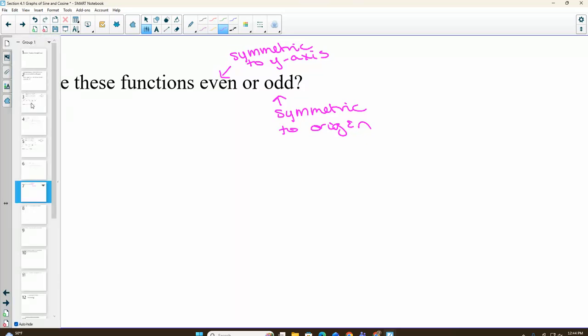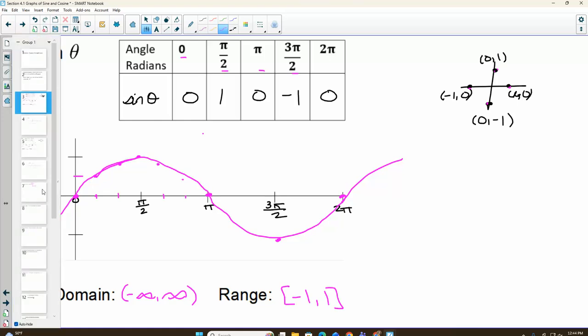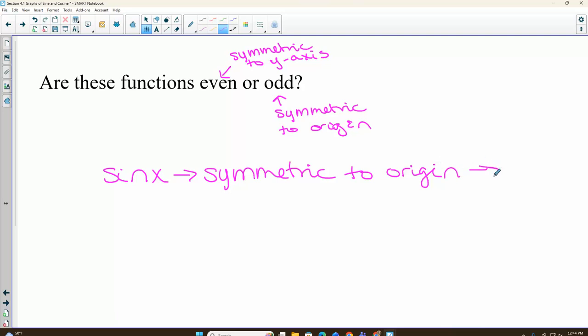So if I look at sine, if I fold this graph over the y-axis, does it overlap itself? No, if I fold it over the y, it's going to be going up here. If I fold it over the origin, that means flip it over the y, then flip it over the x. Does it overlap? Yes. So sine is an odd function. It's symmetric to the origin, which means odd.